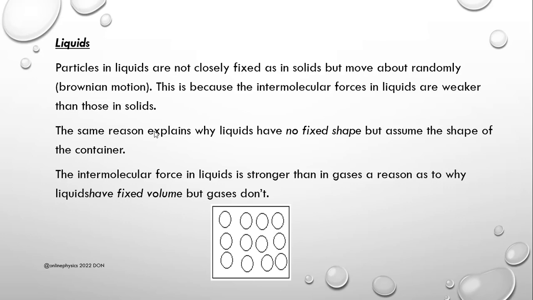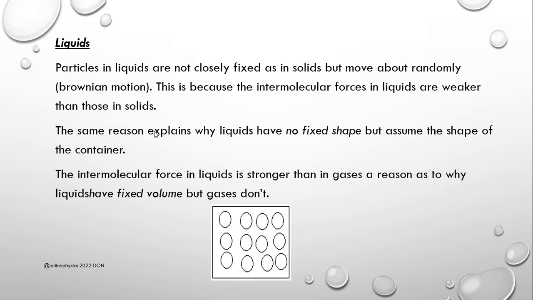The same reason explains why liquids have no fixed shape but assume the shape of the container. The intermolecular force in liquids is stronger than in gases, a reason as to why liquids have fixed volume but gases don't.